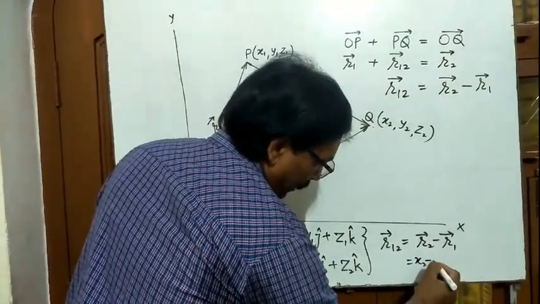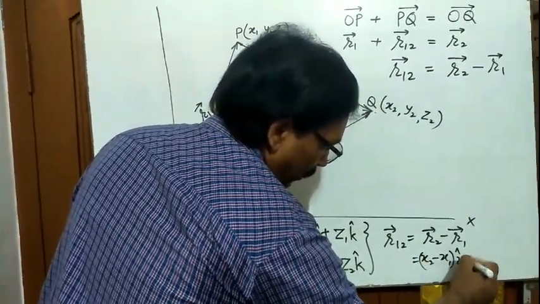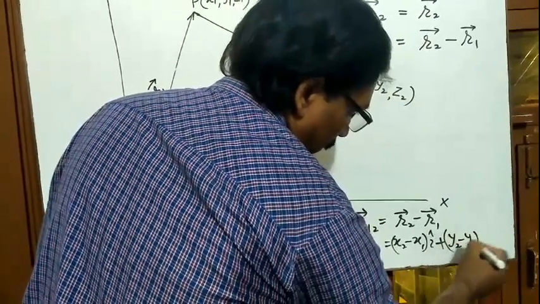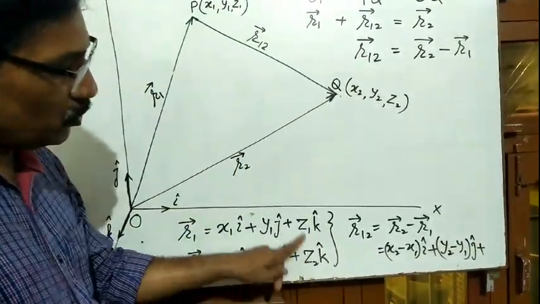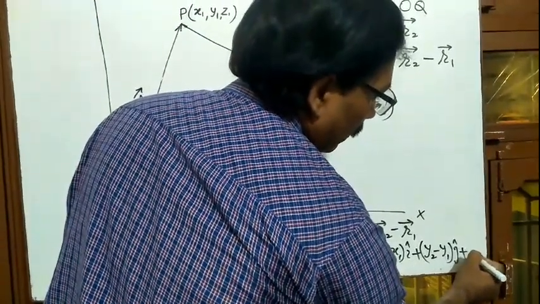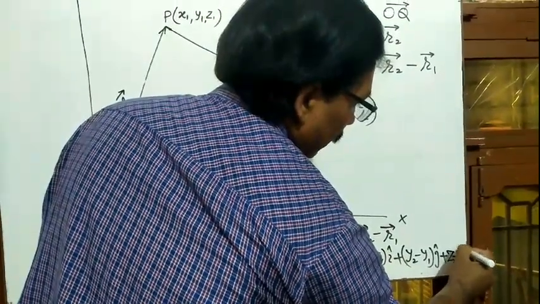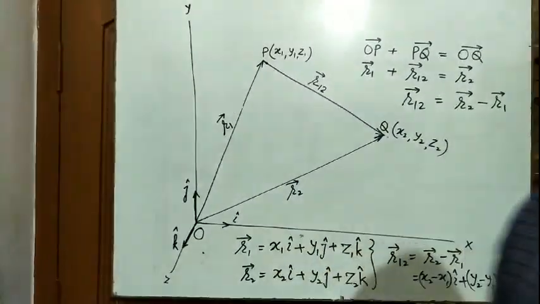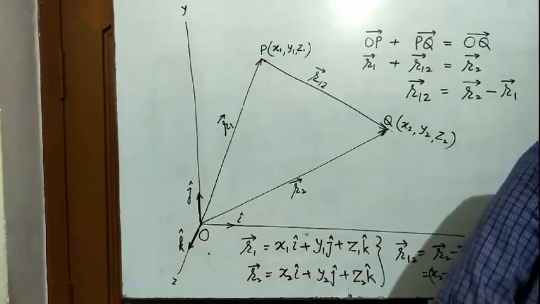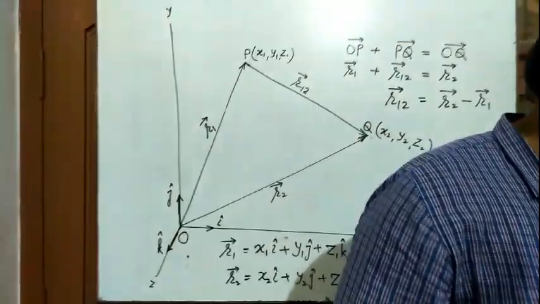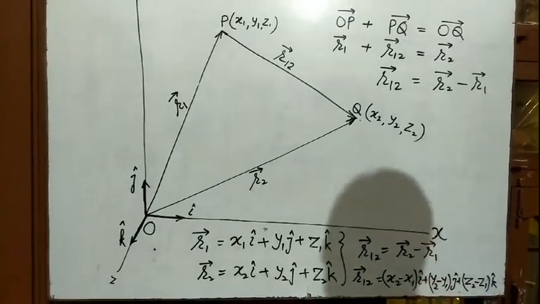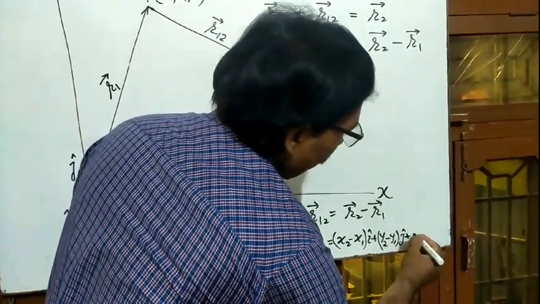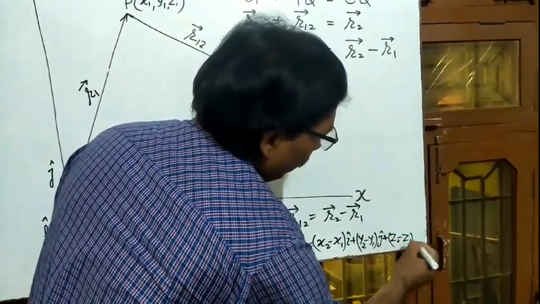Remember, x2 minus x1 i cap plus y2 minus y1 j cap plus z2 minus z1 k cap.